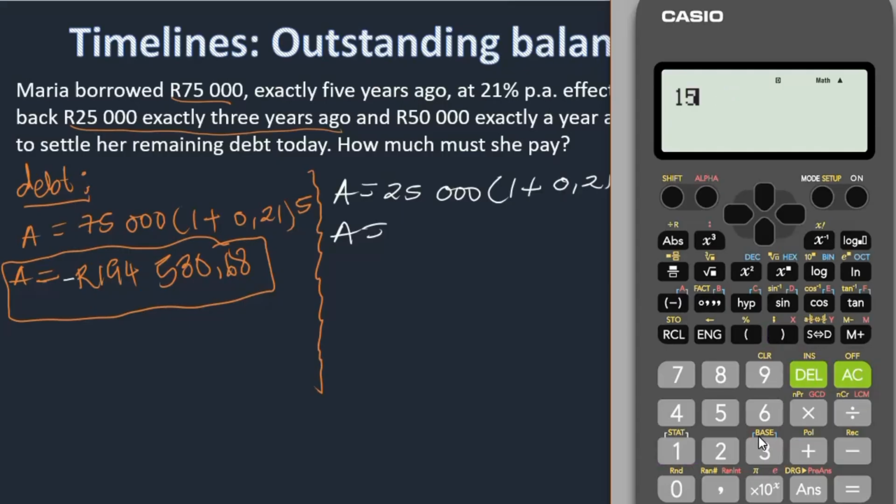I said 25,000, open bracket, 1 plus 0.21, close bracket, raised to 5. So raised to 3. Right? For the past 3 years, this is the amount of money she paid, right? So that amount of money now, this is what it became, 44,289.